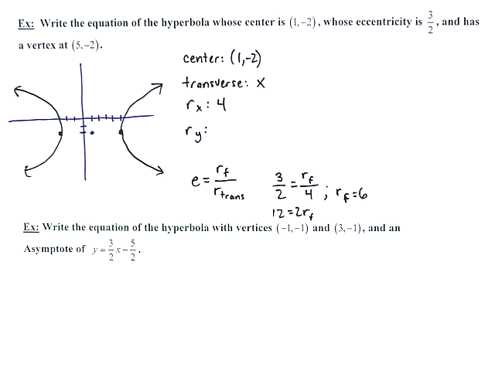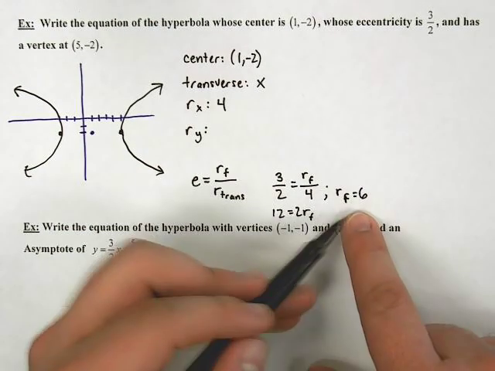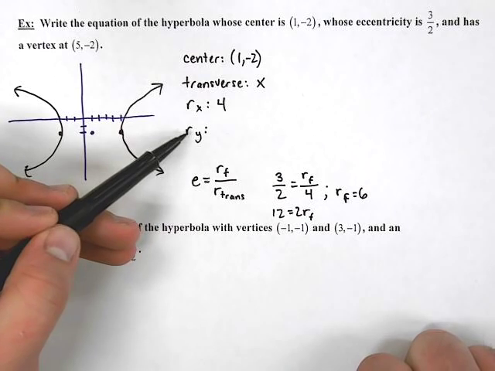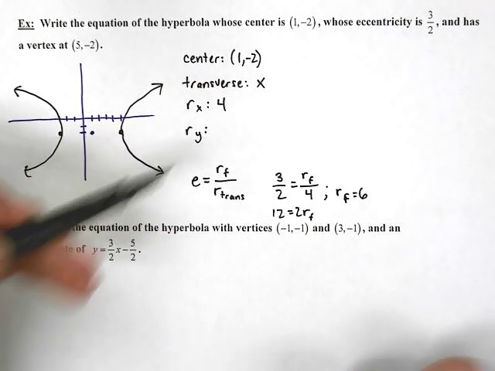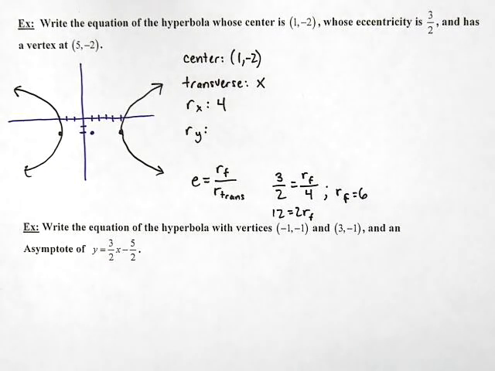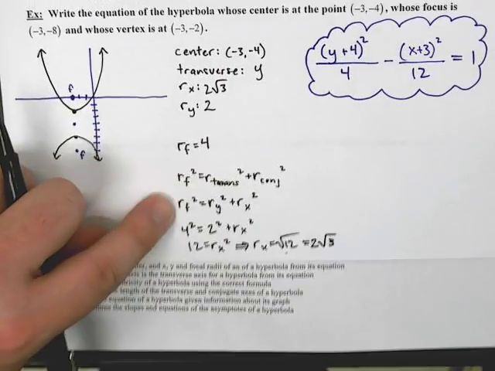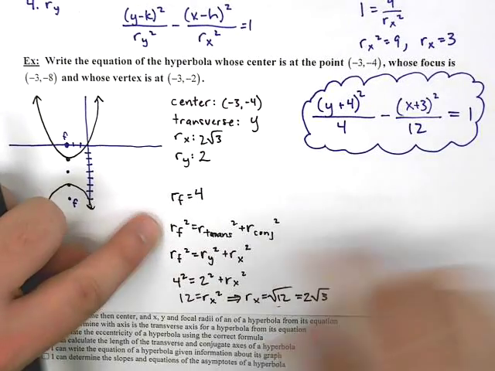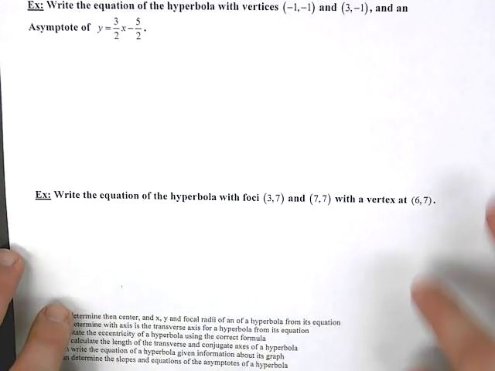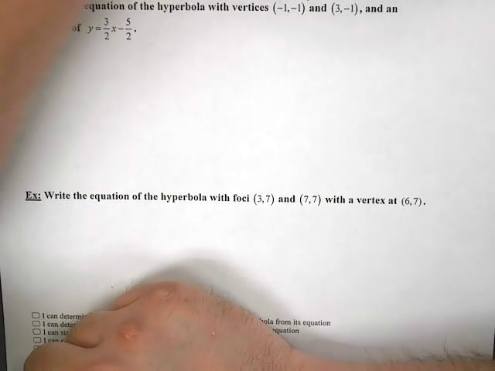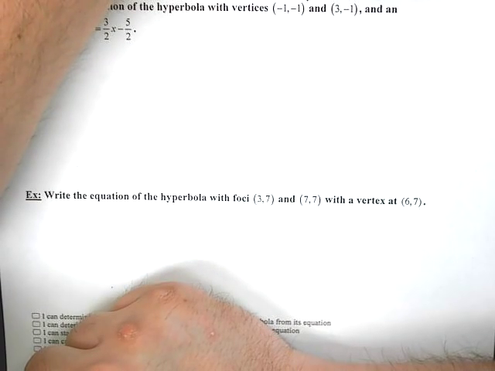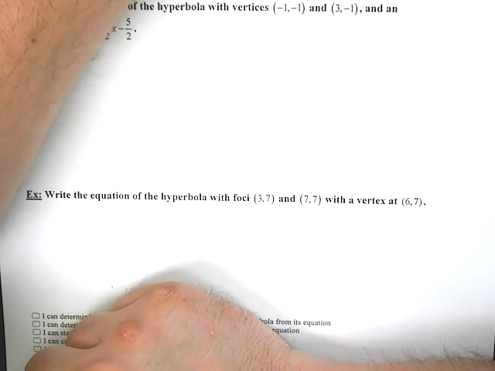Now we're not quite done yet. I know it's kind of goofy, but remember, focal radius is not what we're looking for. We're looking for that y radius. So similar to what we did on the last problem, we have to remember that r sub f squared is equal to r transverse squared plus r conjugate squared.